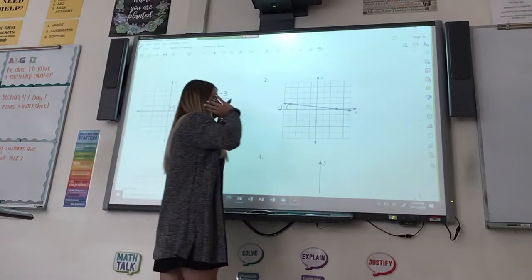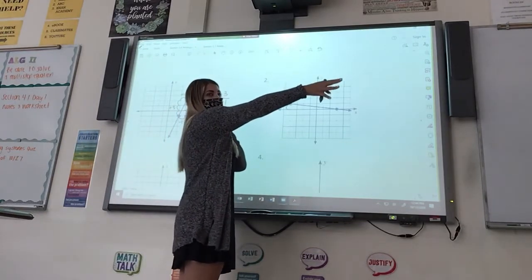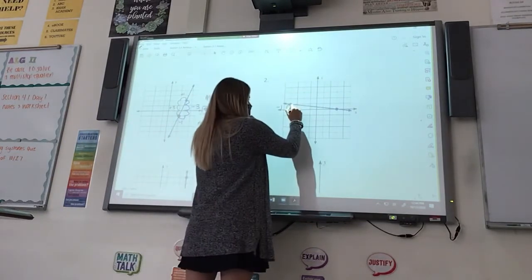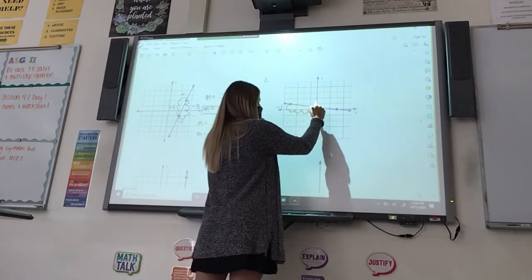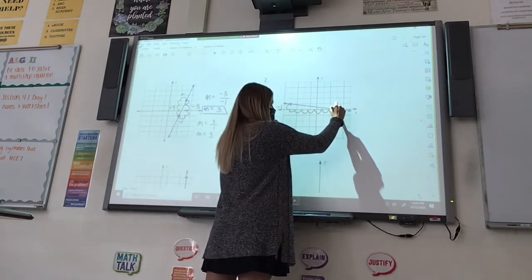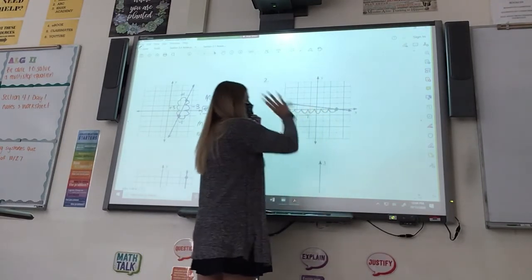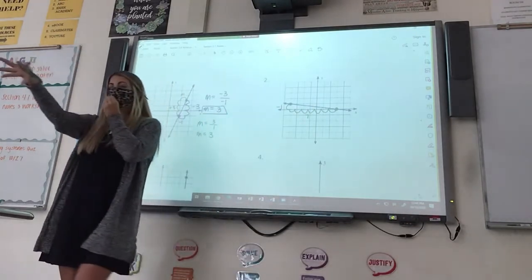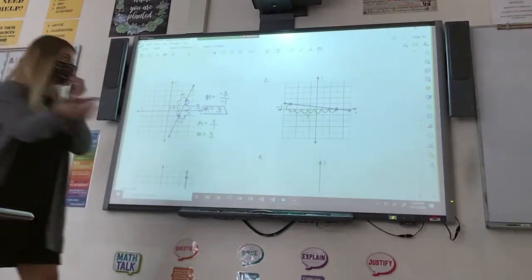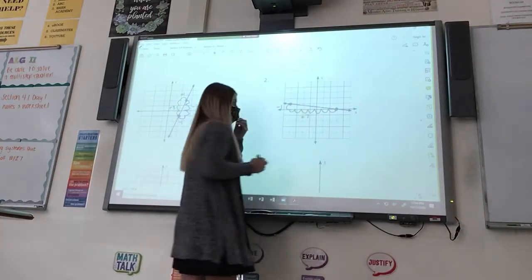Then I have to go right to actually meet the point. So 1, 2, 3, 4, 5, 6, 7. Since I'm going 7 to the right, is that positive or negative? Positive.